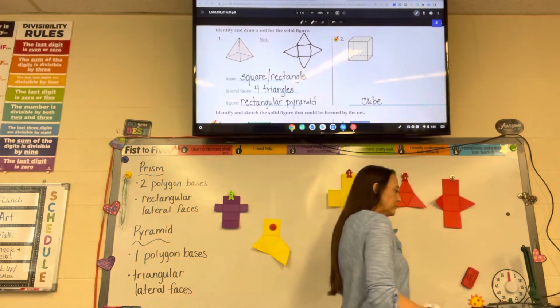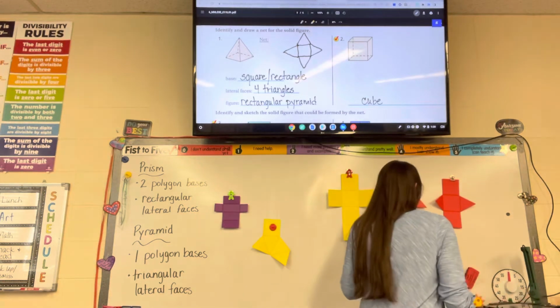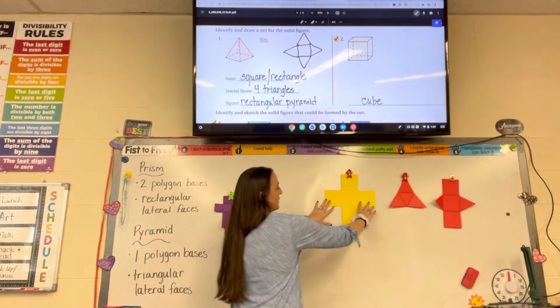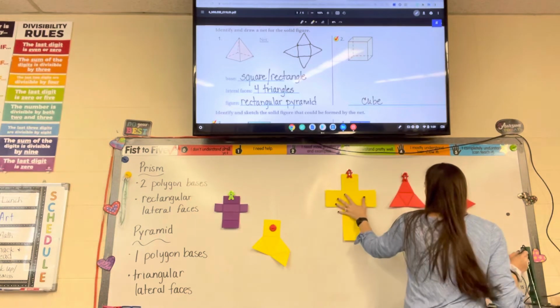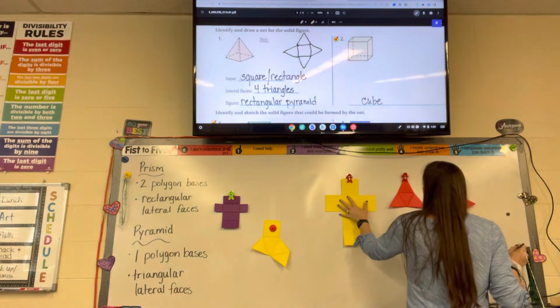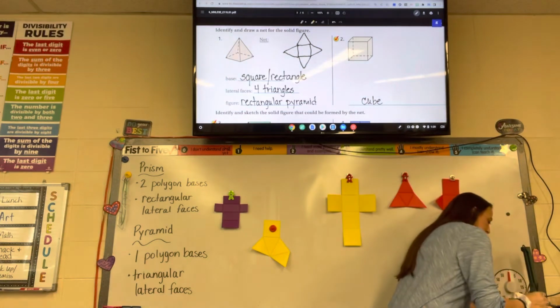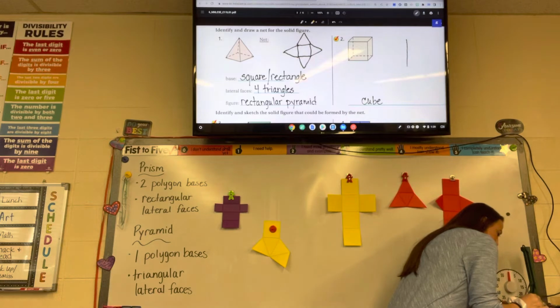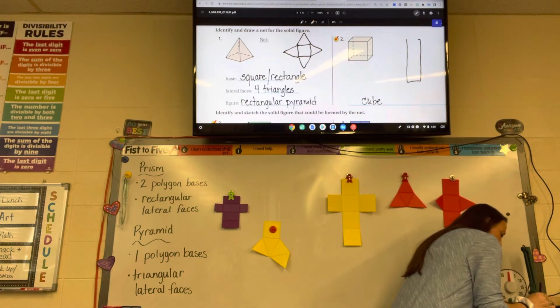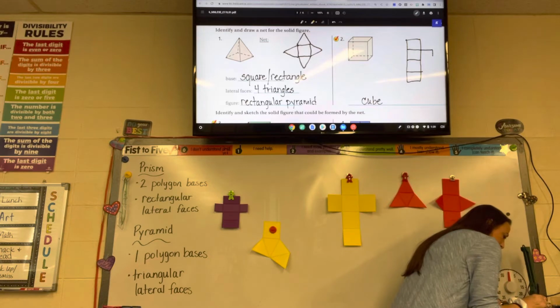Pretty terrible one. For a cube, how many faces are there on a cube? 6. So I'm gonna draw a net that looks just like this with 4 squares and a line. 1, 2, 3, 4, and then squares on each side.